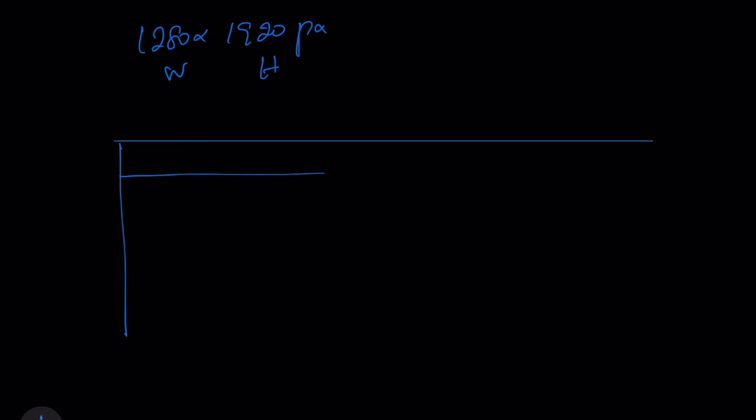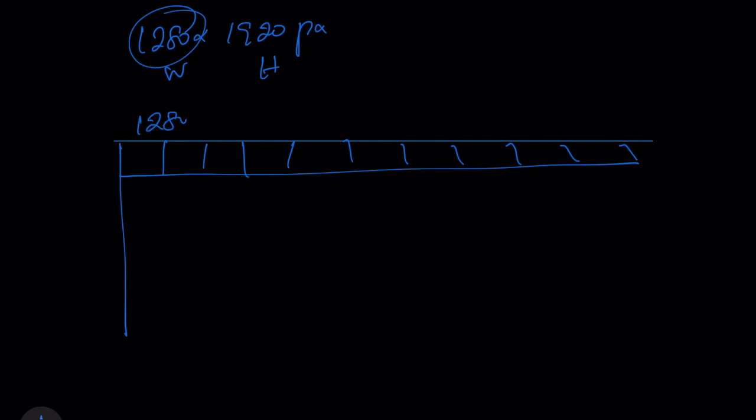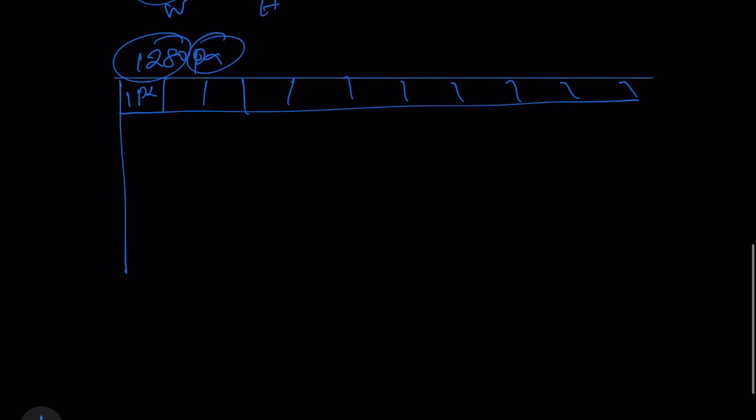So on this axis, you can assume you have 1280 boxes. Each box is 1 pixel. That is the reason we say 1280 pixels, and this is for normal density devices.